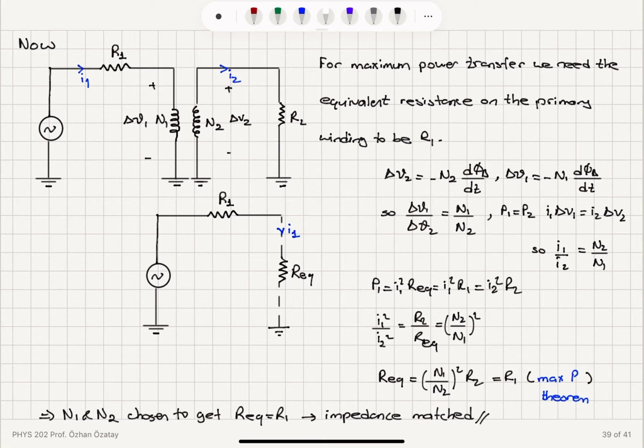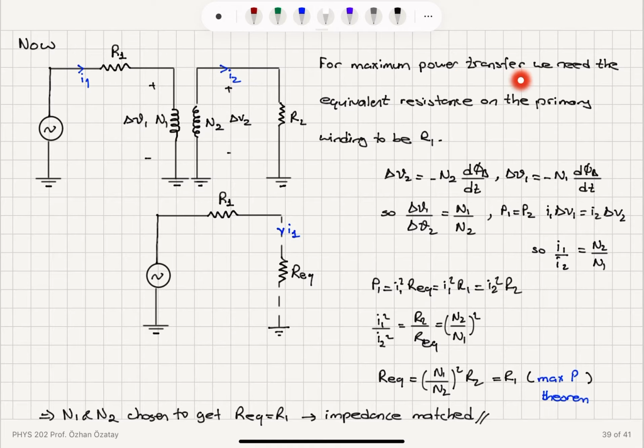All right. So going back to our transformer, our AC source has an equivalent resistance R1, and it's connected to a transformer. The voltage that appears in the primary coil of the transformer, delta V1, is transferred to the secondary as delta V2 due to different number of turns in the coils, and this appears on the load resistance.